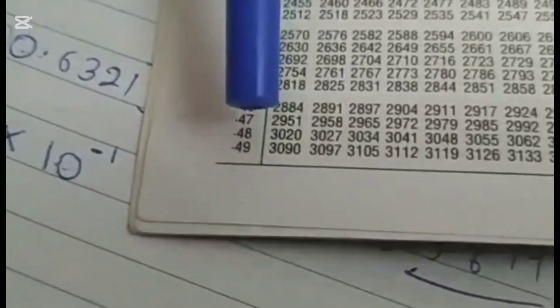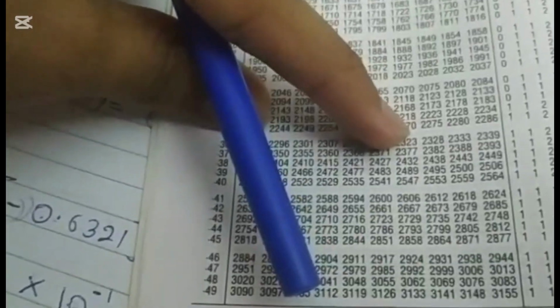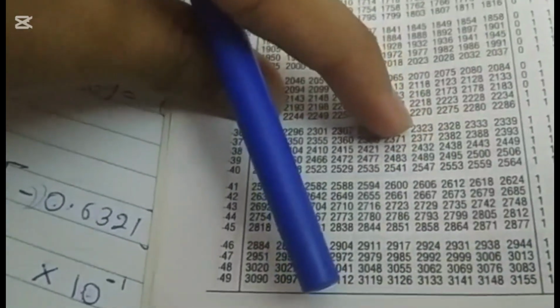See that 7th here. So 7th column of which number? 36, right? Oh, wait a minute. Did I mess this up? No, it should be here. My bad. Okay, here. So this is the 7th column here, and here it's going to be 2328. So by checking out the 7th column, you get 2328 for 36 here. So we got 2328.